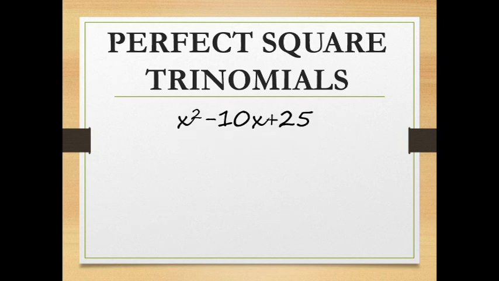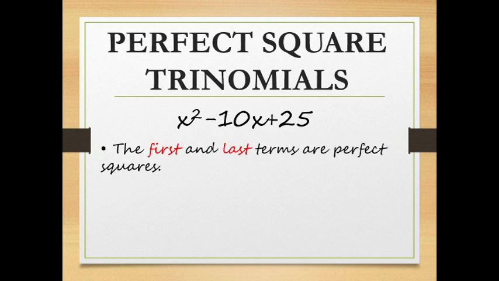Now, let's try to identify if this trinomial is a perfect square trinomial. Ang unang bagay para makilala natin na ang trinomial ay isang perfect square ay the first and last terms are perfect squares. So, x squared and 25 are the first and last term. Paano natin malalaman na perfect square?